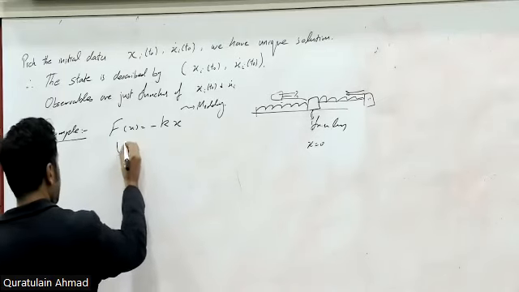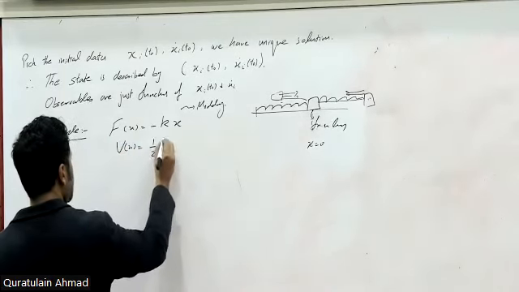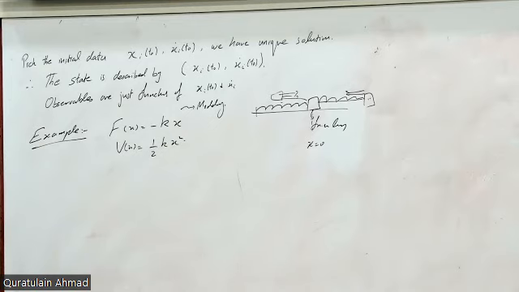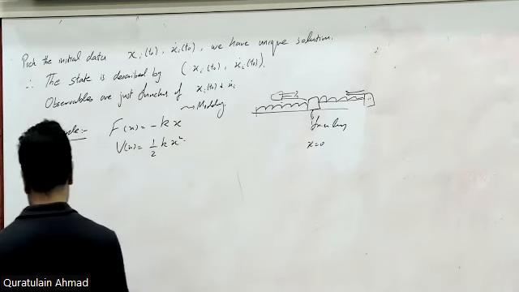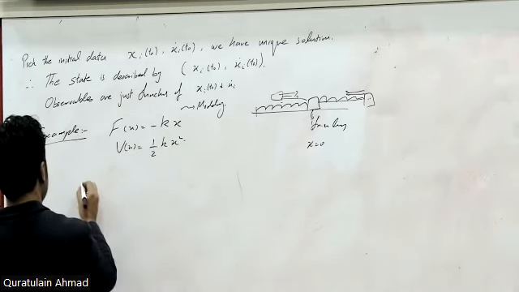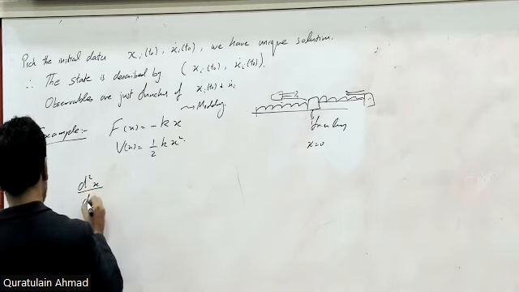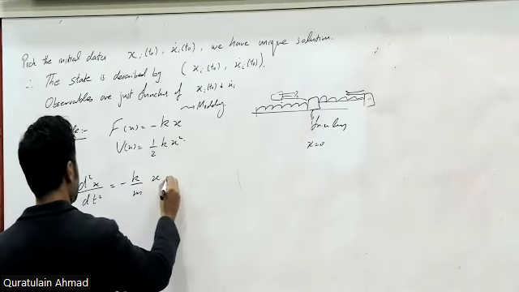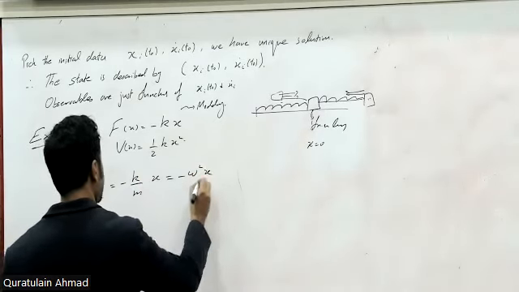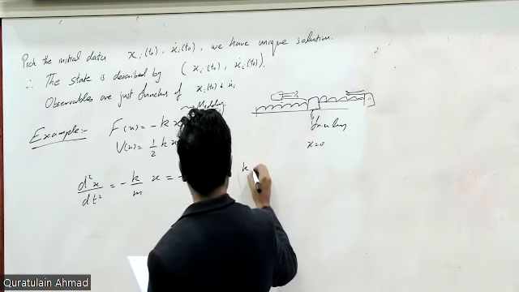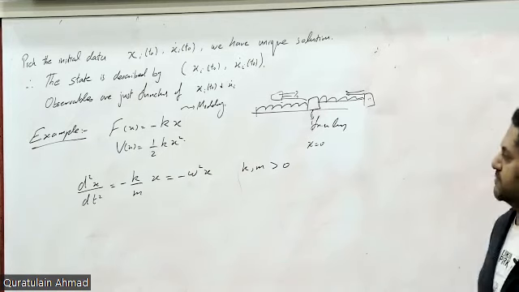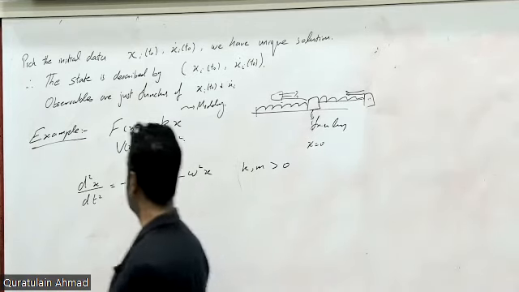And you can also check, this is of this type. And in this case, if I write Newton's law, it's this. I write it this way because k and m are larger than 0, so I can write it as a positive number.